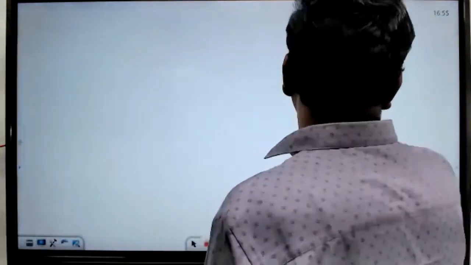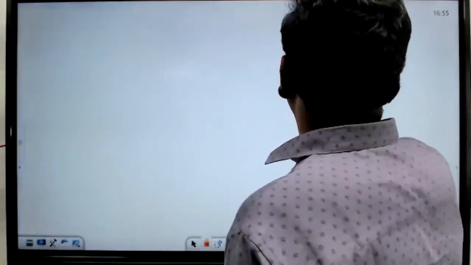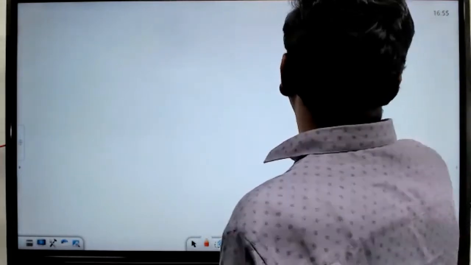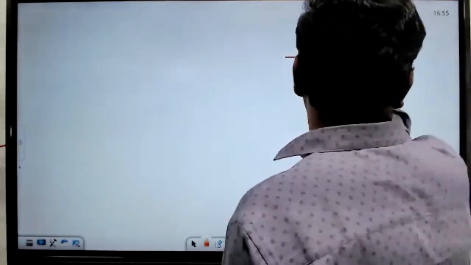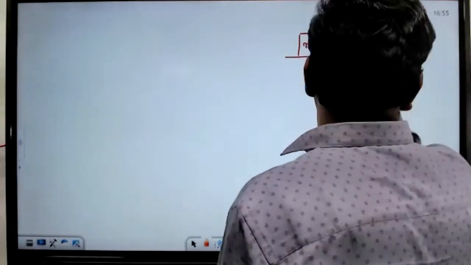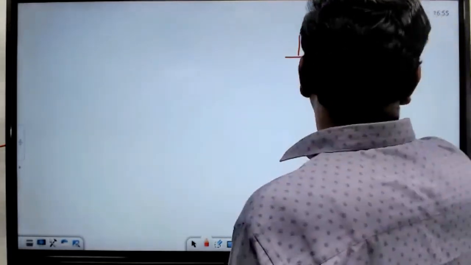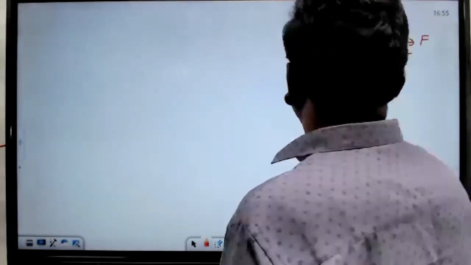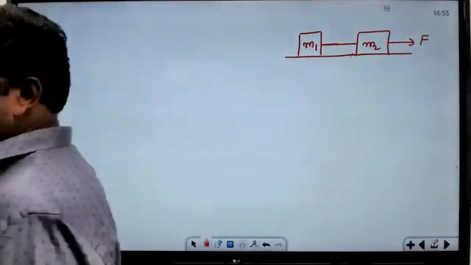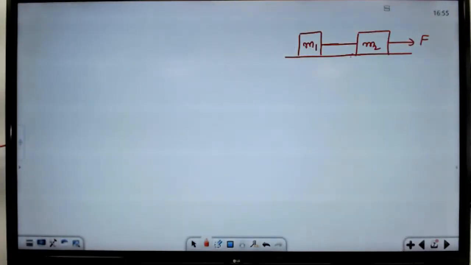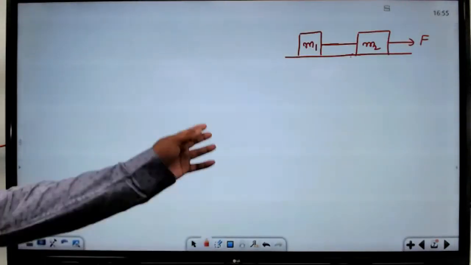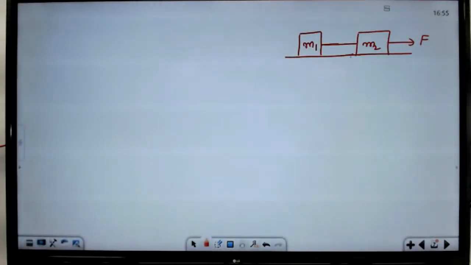So that is also same as previous one. Connected bodies on a horizontal surface. Here two objects M1 and M2 are connected by a string, a massless string. A force F acts on mass M2.